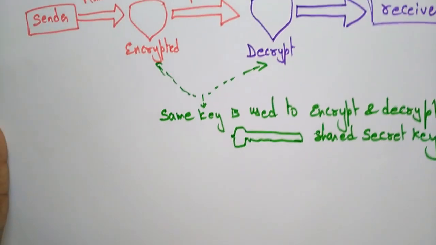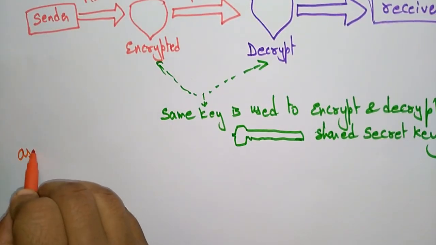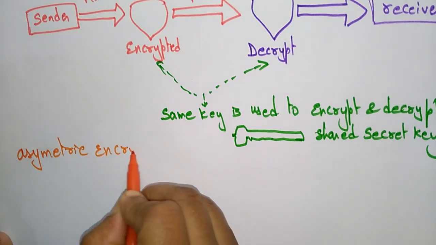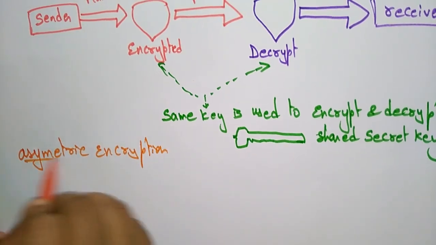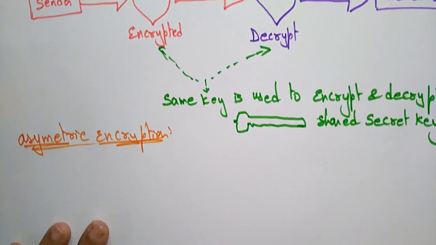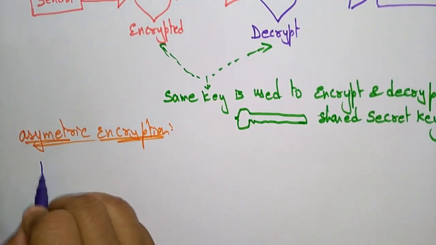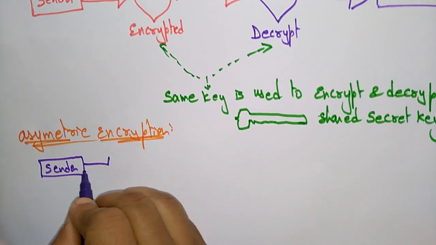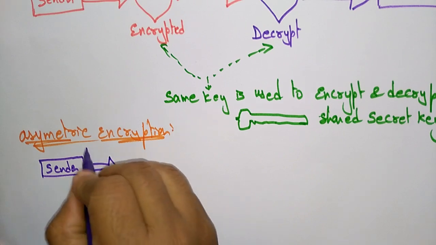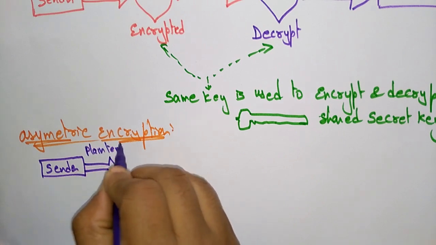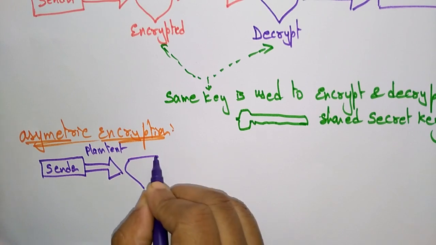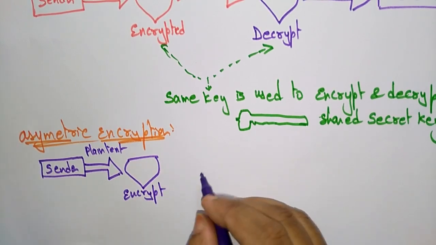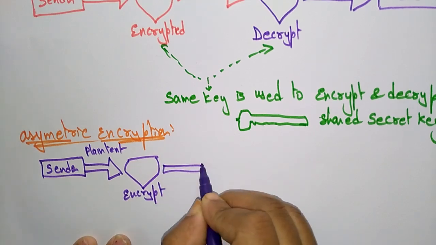Let's see asymmetric encryption. Here the sender sends a plain text. That plain text should be encrypted, so it is converted into ciphertext.